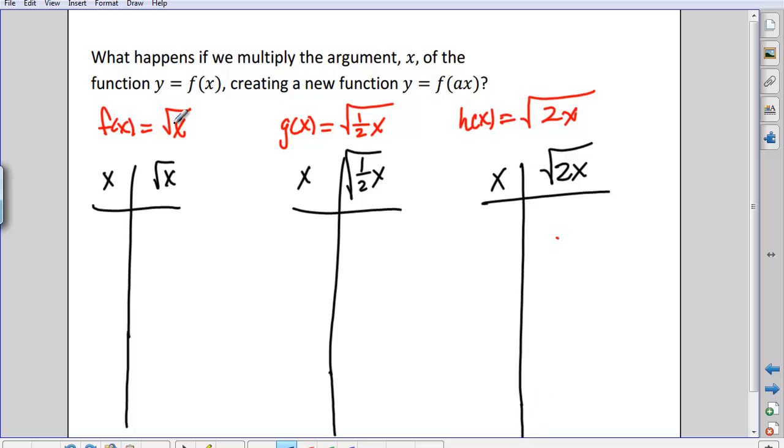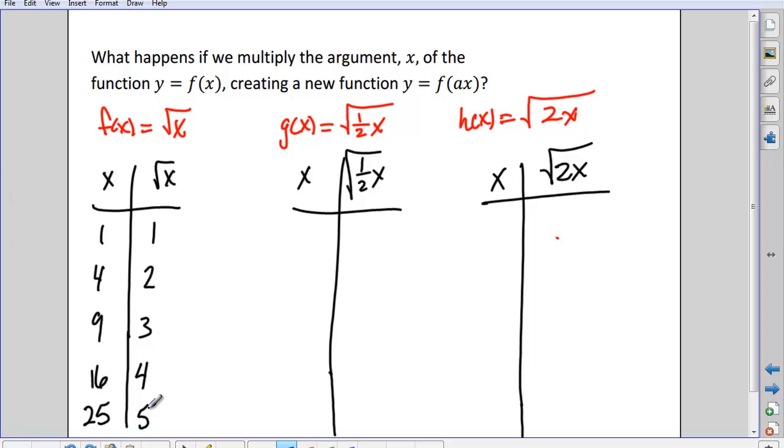For the square root function, what numbers would work well here? We could say the square root of 1 is 1, square root of 4 is 2, the square root of 9 is 3, square root of 16 is 4, and 25 would be 5, right? Those are some easy numbers to use inside of a square root function.